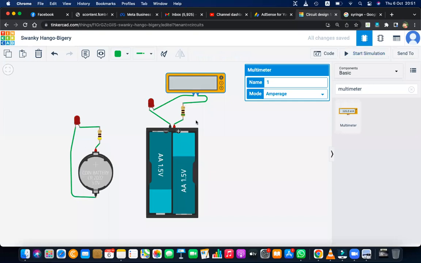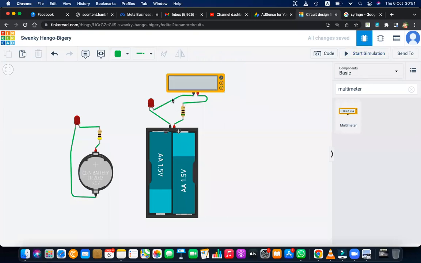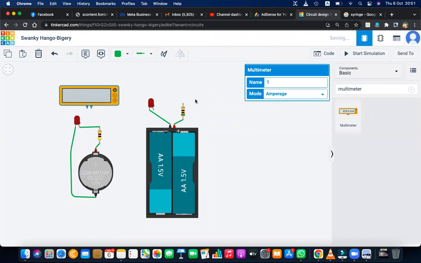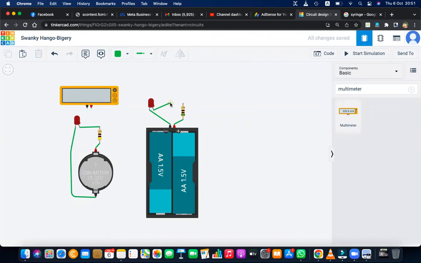Let's start the setup. Let's see the amperage of the other circuit too. Because a parallel connection can measure the voltage, a series connection can measure the amperage. A series connection from this one to this one, then you can measure the amperage.